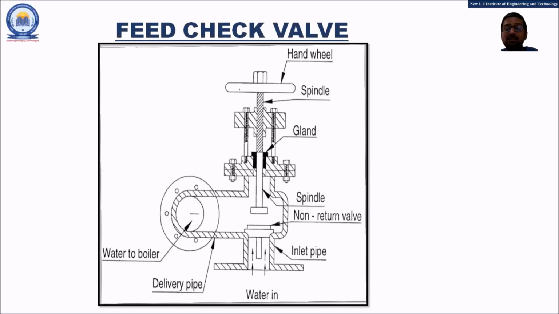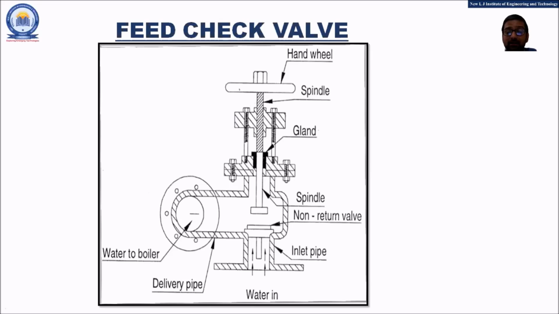And in the case when there are pressure differences between the boiler and the pump side, as we know that in the boiler we are generating the steam, obviously the boiler pressure will be higher than the pump pressure. So in case of these differences, the boiler pressure will force the non-return valve to move again to its original position.